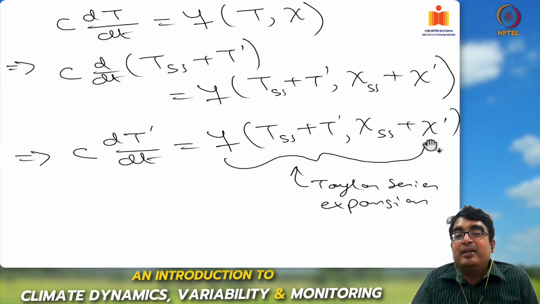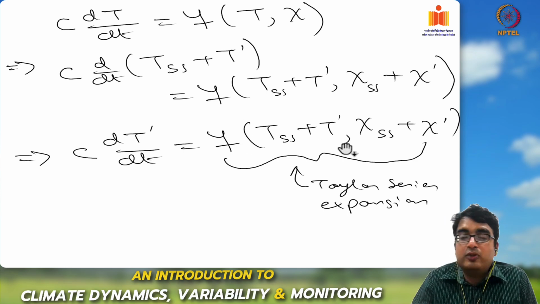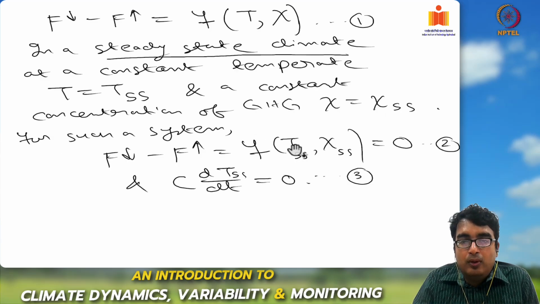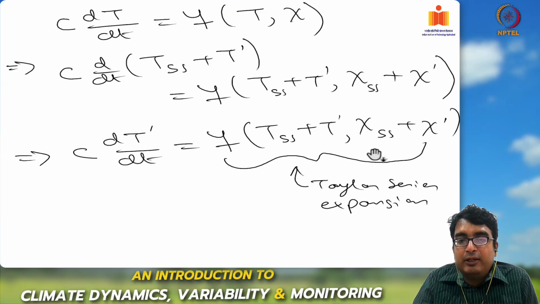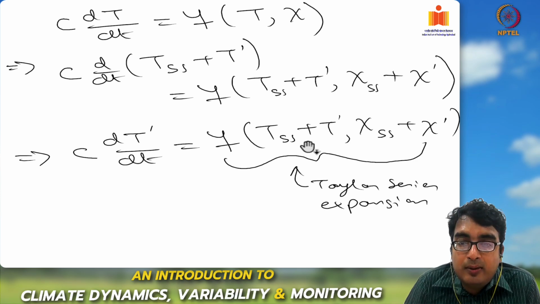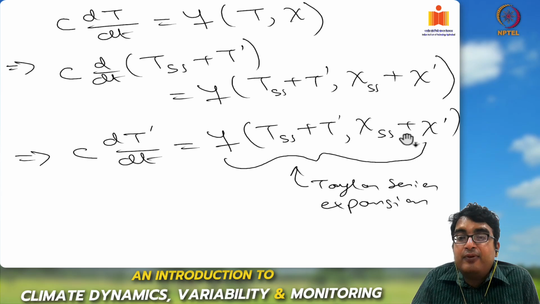The right hand side function, we can now do a Taylor series expansion. Okay. So the first term is the base value, which is the function at T_SS, X_SS, whose value we already know is 0. This term is 0, so that will be the base term plus the first partial derivative with respect to T prime and the first partial derivative with respect to X prime.